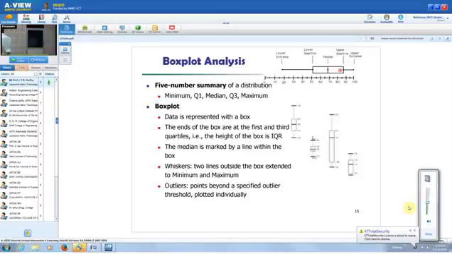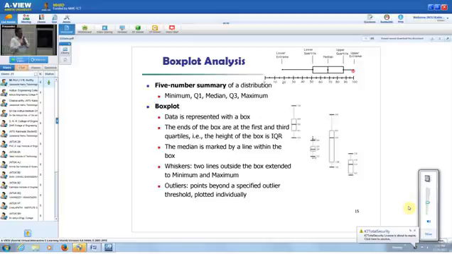Now you consider any point as an outlier if it falls beyond 1.5 times the IQR from the third quartile, the beginning of the third quartile, not from the end. From this point to the top, you consider 1.5 times the IQR distance, and any point beyond that is considered an outlier.